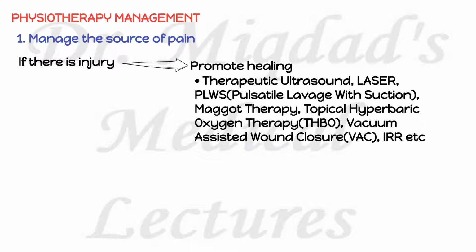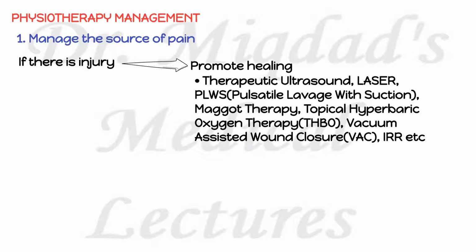For example, if we use the laser, we have to decide in which type of injury we will use infrared laser and in which case we will use red ruby laser, and whether to apply these lasers in continuous mode or pulse mode, and whether to use high pulse frequency or low pulse frequency, and how much energy density or treatment dose we will apply for each square centimeter area, which we measure as joules per square centimeter.